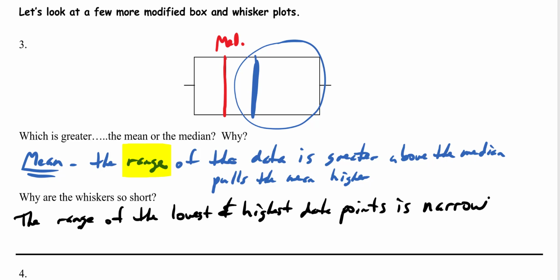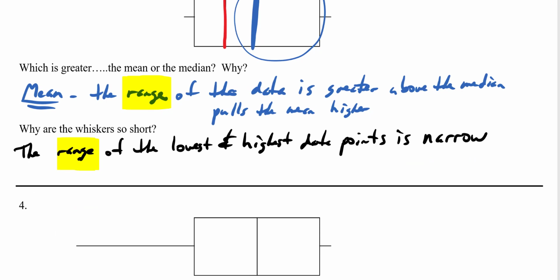That's why the whiskers are short. Okay, but I'm telling you, I like this baby here too. The range, huge. Don't forget that. Okay, all right. Let's go down to the next one here.